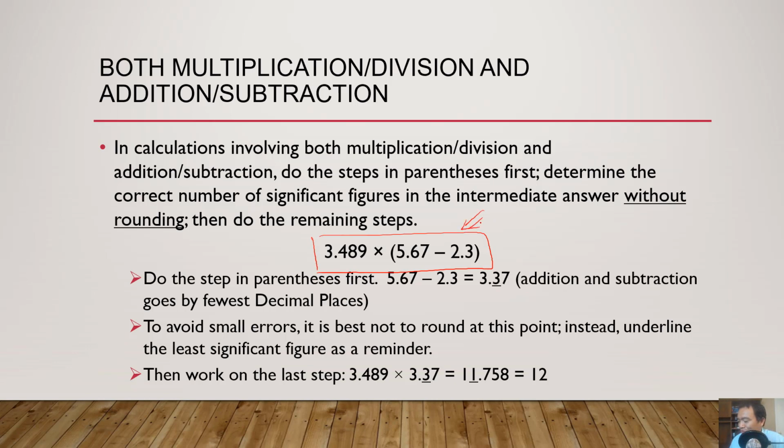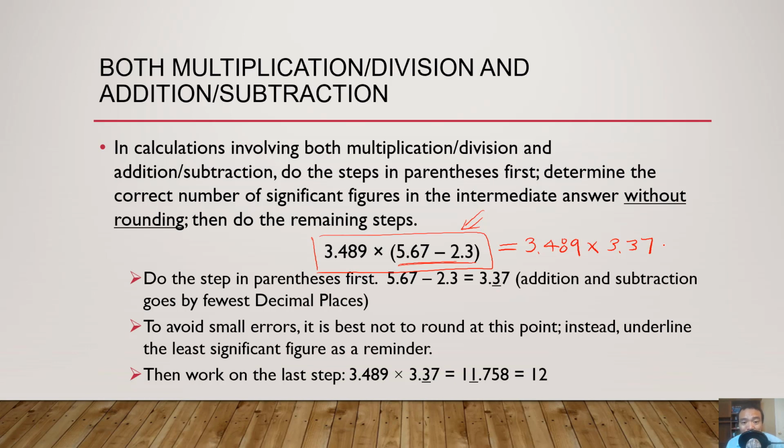In this parentheses, it's a subtraction. So you keep the correct number of decimal places, not significant figures. When you do the calculation, if you rewrite it, it would be 3.489, just keep it as is, times 3.37. That's what your calculator tells you.